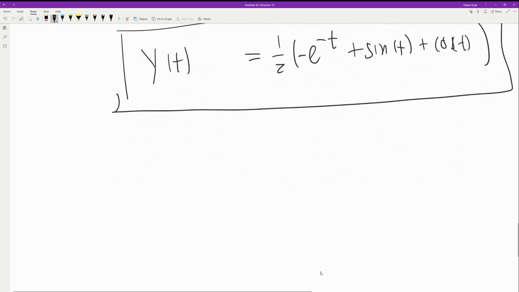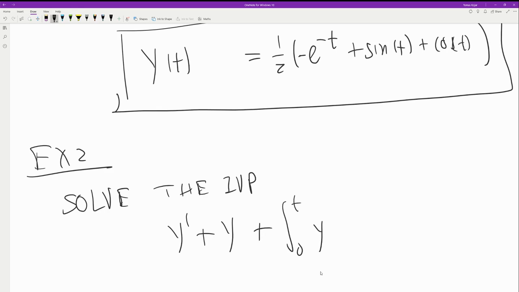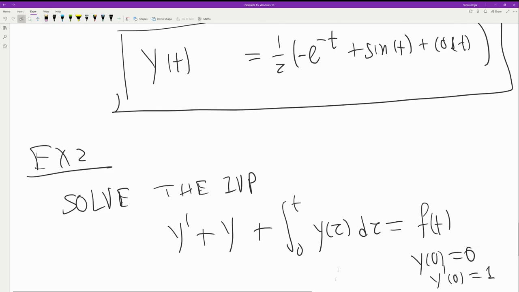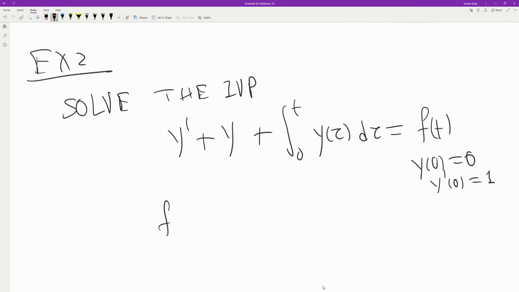All right. Let's do another example. Solve the IVP y prime plus y plus the integral from 0 to t of y(tau) d tau equals f(t), with y(0) is 0, y prime(0) is 1, and f(t) is the following.